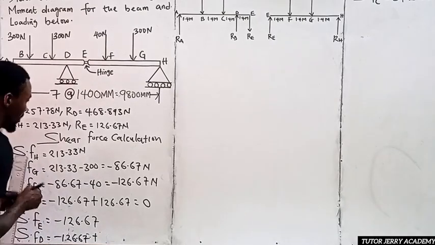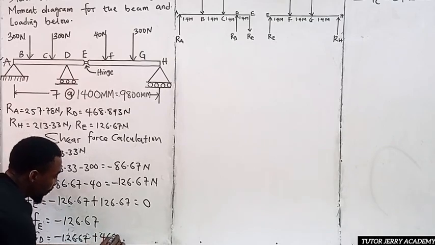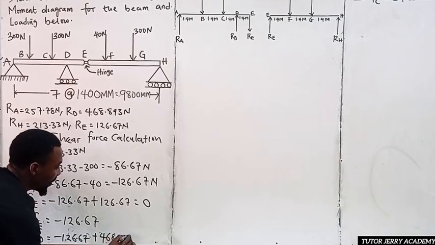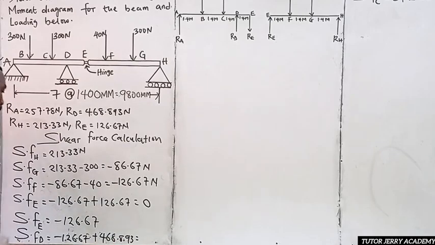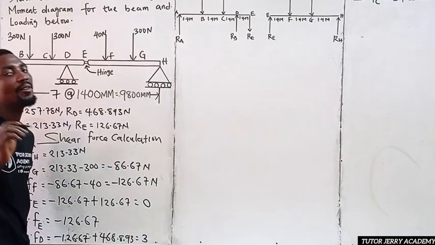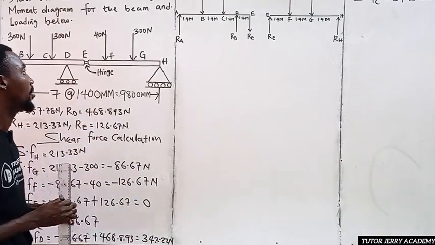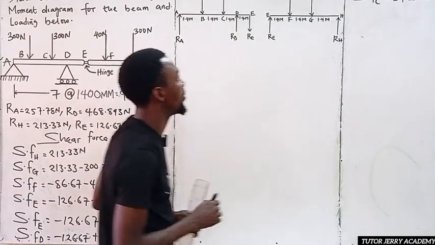Sorry for the mistake. All right, so if you do the math, you are going to have your shear force at point D equal to 342.22 Newton. All right. So that's it.